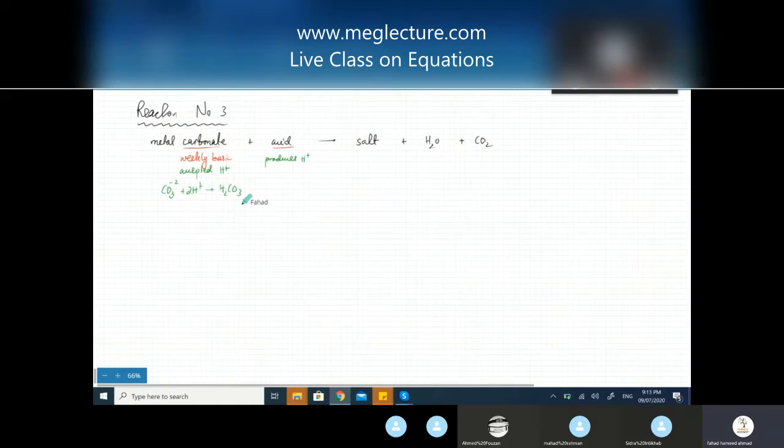Actually, this is not the correct explanation. What really happens is that a carbonate contains O2- ions, which accept H+ ions to produce water molecules. When you react a carbonate with H+ ions, one of the O2- ions in the carbonate reacts. I explained the same thing in bases: why were oxides and hydroxides basic?